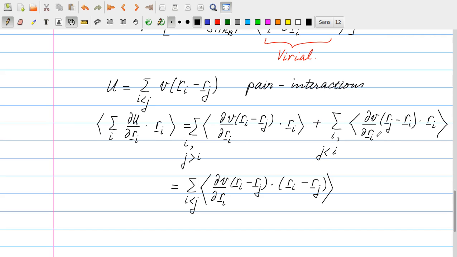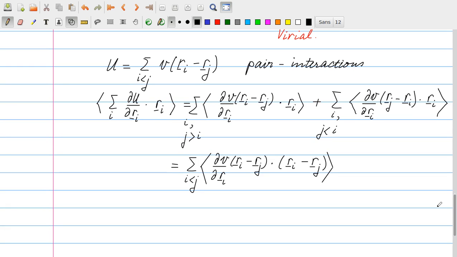And so some inspection then leads to the conclusion that I can write this in the following form. We only sum over each pair once, and if i is, say, smaller than j, we get this one. J in this case is larger than i, and it occurs with a minus sign. And because all the particles are identical, we expect that this term is in fact the same for each term. So in fact we get the number of distinct particle pairs, which is N times N minus 1 over 2.